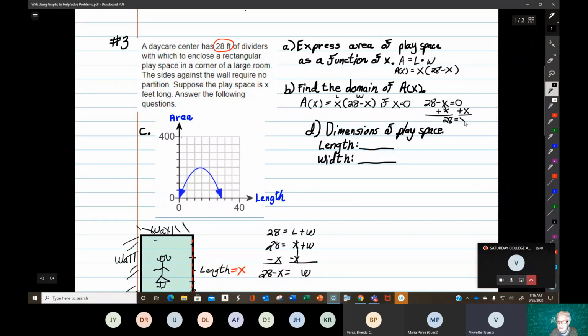So 28 equals x. Now, those, though, are the two numbers that would make this problem not make sense. If x is 28, then the width is going to be 28 minus 28, which is 0, which doesn't make sense. So the domain of A of x is going to be values of x that are strictly between 28 and 0.